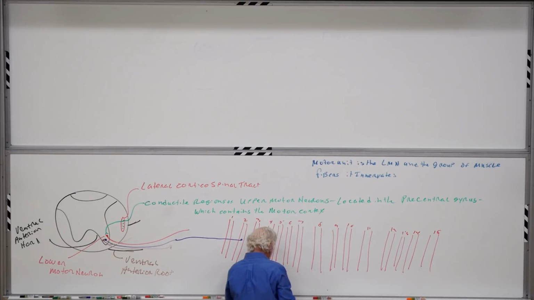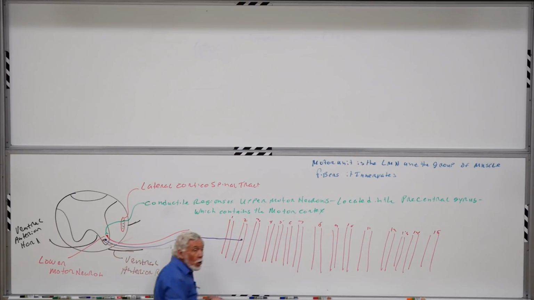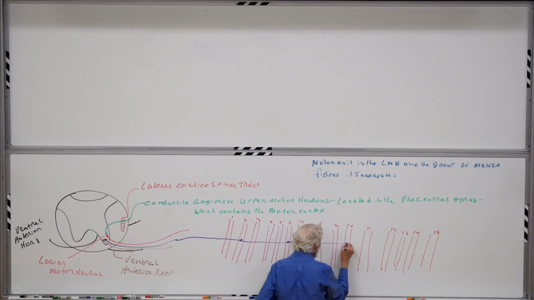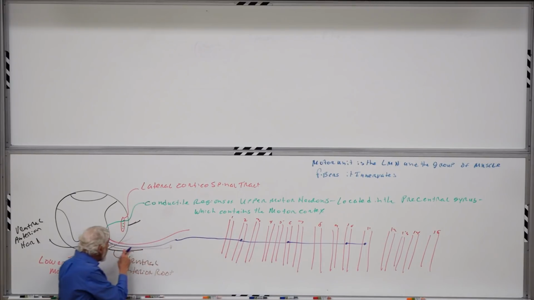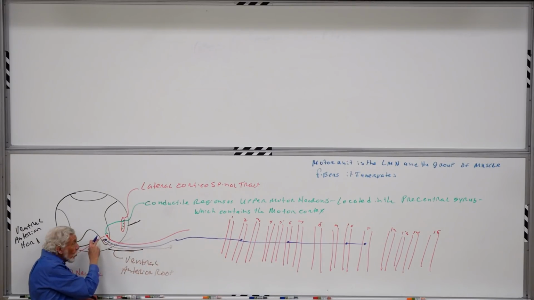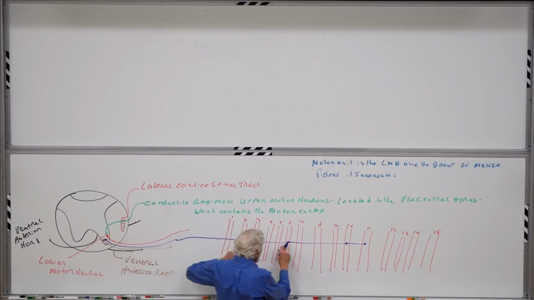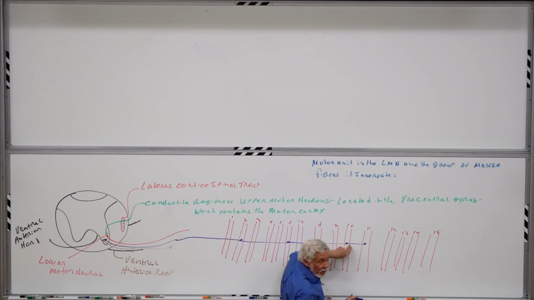So if we follow purple, and we arbitrarily say the purple is going to form a synapse onto 2, 6, 10, and 11, then the motor unit is the lower motor neuron we've labeled purple, along with muscle fibers 2, 6, 10, and 11.